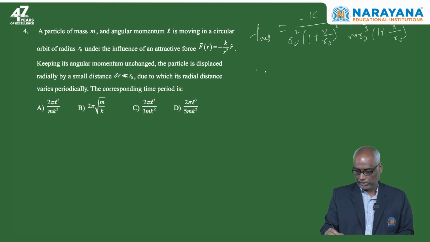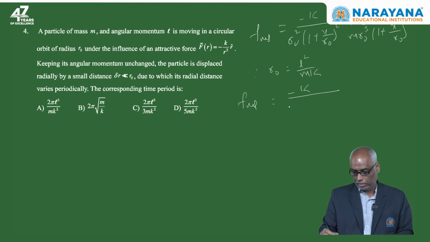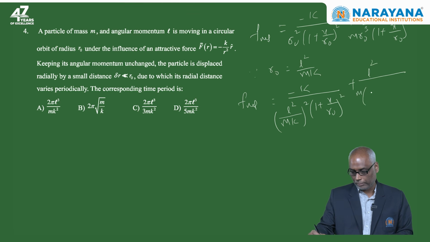Since R naught we got as L square divided by mk, net force will become equals to minus k whole divided by L square divided by mk whole square into 1 plus x divided by R naught whole square plus L square divided by m into L square divided by mk whole cube into 1 plus x divided by R naught whole cube.